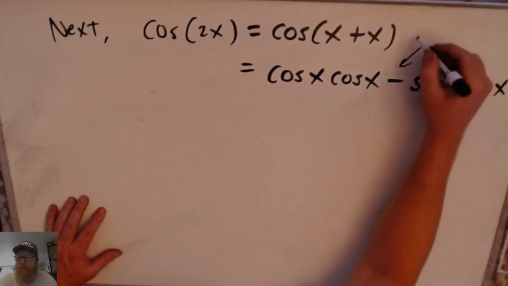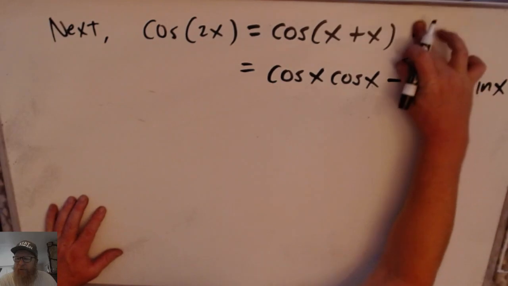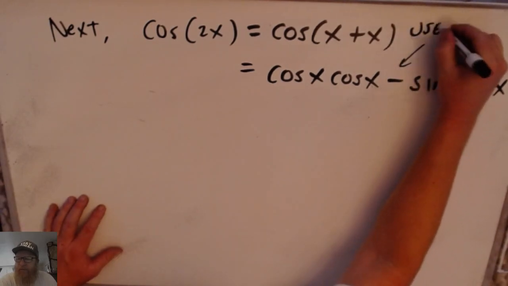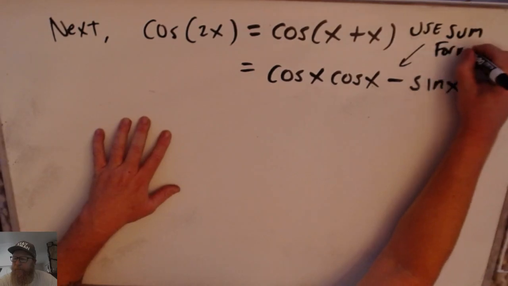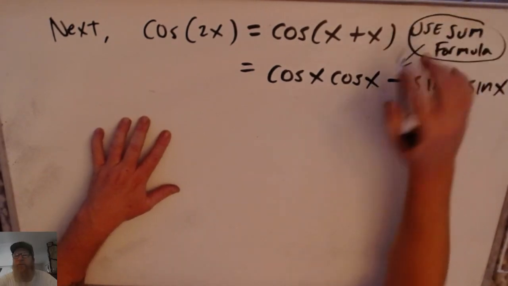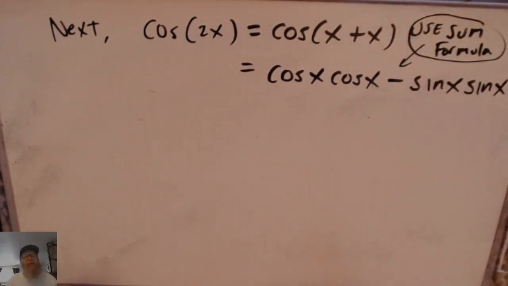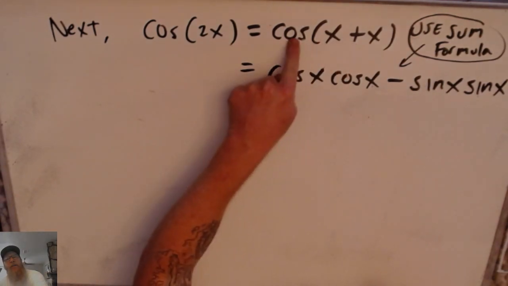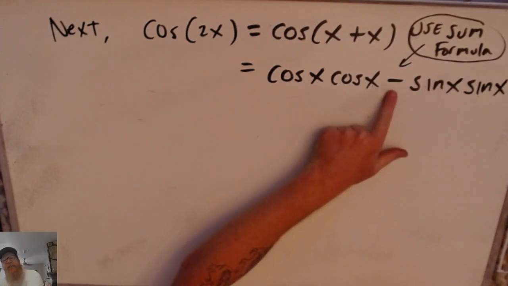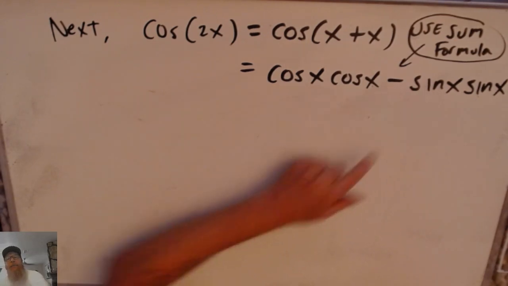So use the sum formula to find the double angle. It also gives you a chance to review the formulas from yesterday or from the day before yesterday. So when you add two angles, the cosine of a sum is the difference. It changes to a negative.